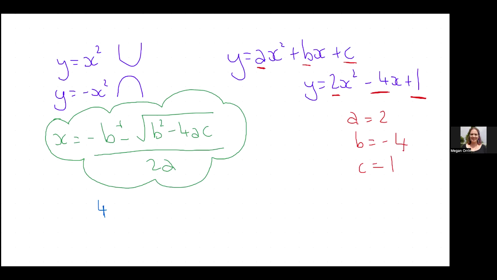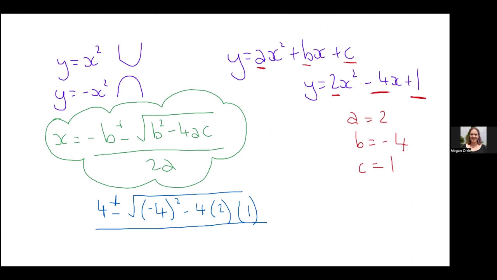I think I need to restart it. Oh, come on. Plus or minus. Okay, are we okay, computer? No, we're not. The square root of negative 4 squared. Oh, jeez. This is my computer not working. Negative 4 squared minus 4 times a, which is 2, times c, which is 1, all over 2 times a, which is 2.